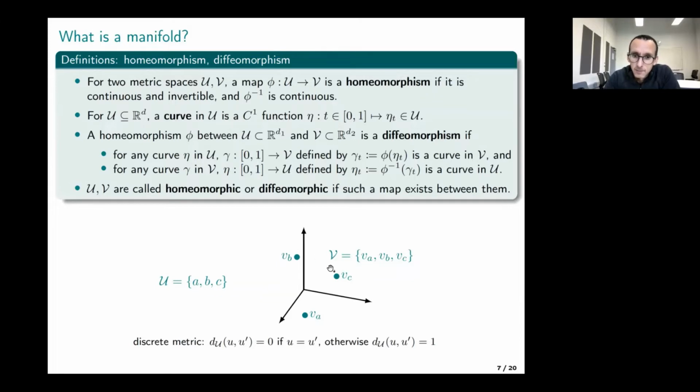And U and V, equipped with that discrete metric and the Euclidean metric, are homeomorphic, right? What is the phi? Well, I can just associate VA uniquely with A, VB uniquely with B, and so on. Okay, and the continuity of phi and its inverse are automatic when I have this kind of discrete structure.